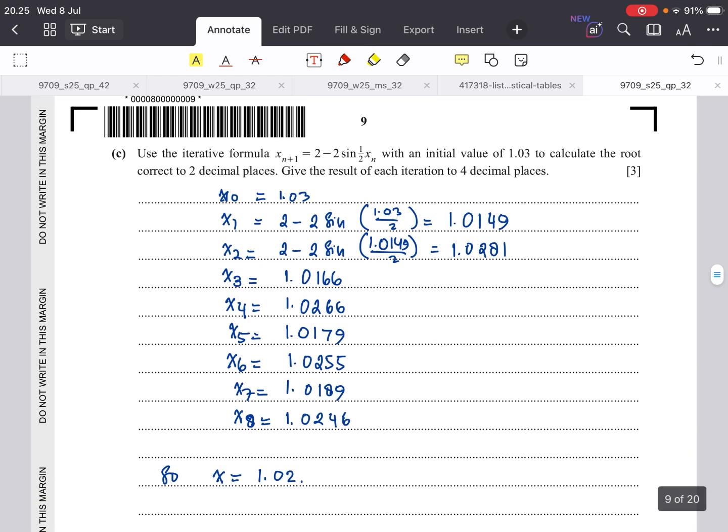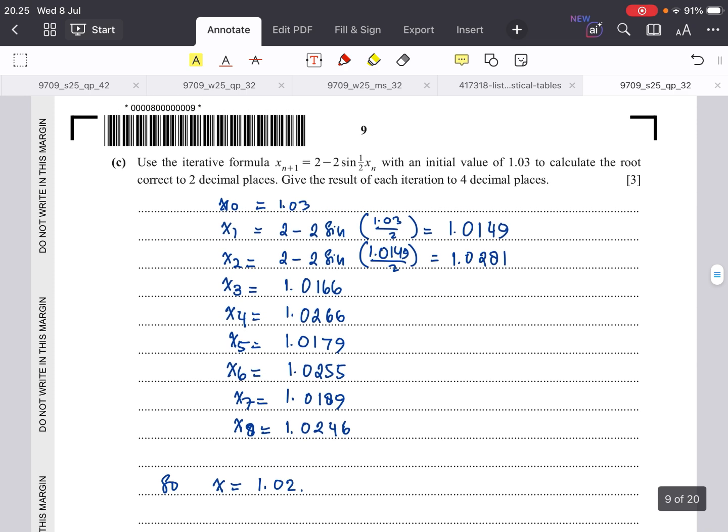And then for part C, use the iterative formula x(n+1) equals 2 minus 2 sine half xn with an initial value of 1.03 to calculate the root correct to 2 decimal places. Give the result of each iteration to 4 decimal places.